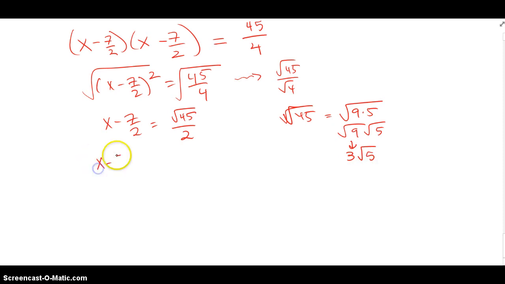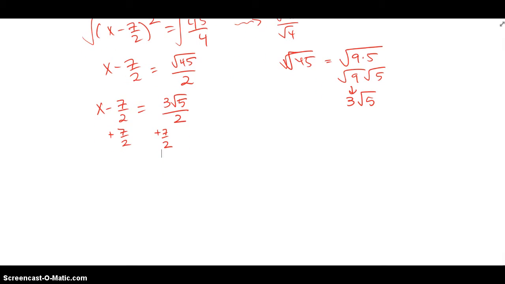So I really have x minus 7 halves equals 3 root 5 over 2. Now I'm going to add 7 halves to both sides, and I have x equals 7 halves plus or minus 3 root 5 over 2.